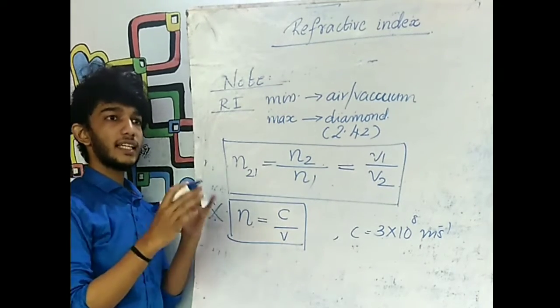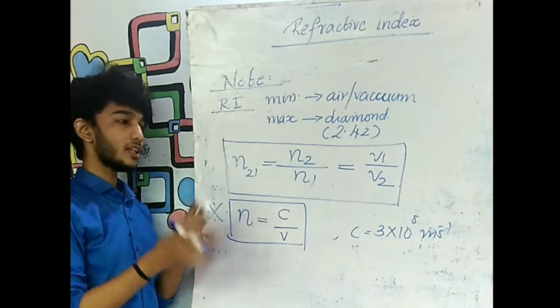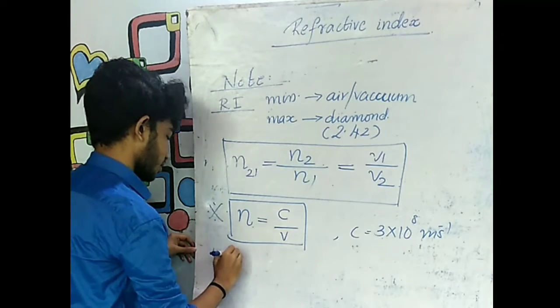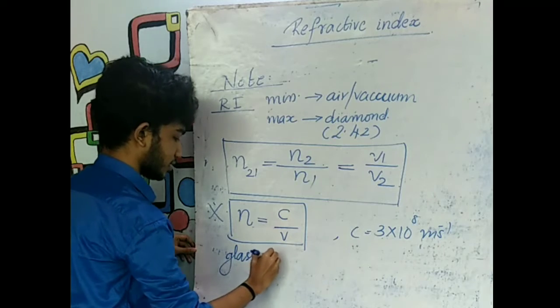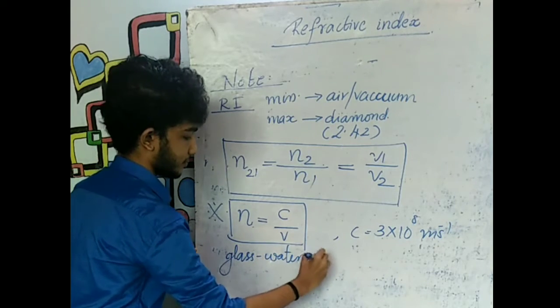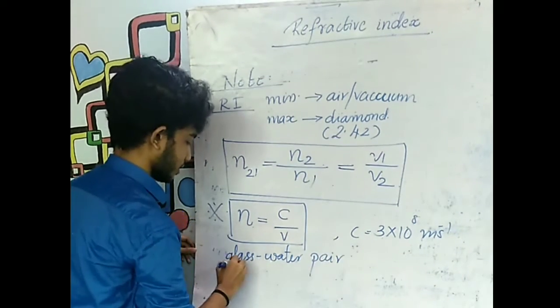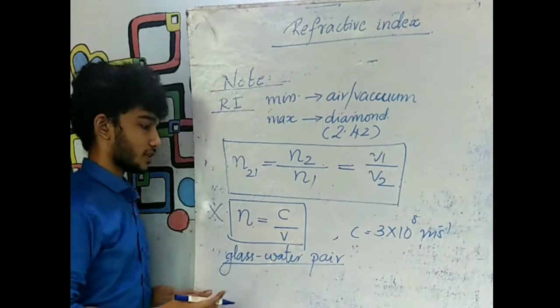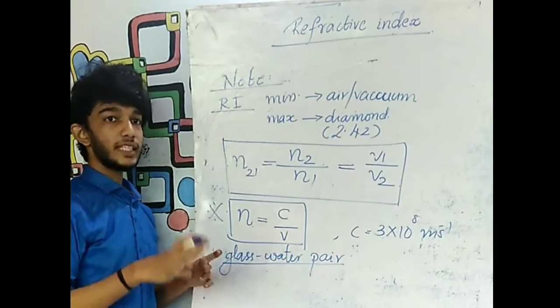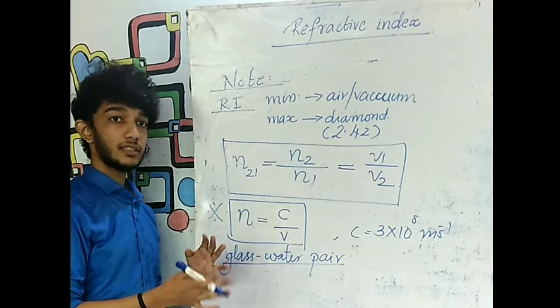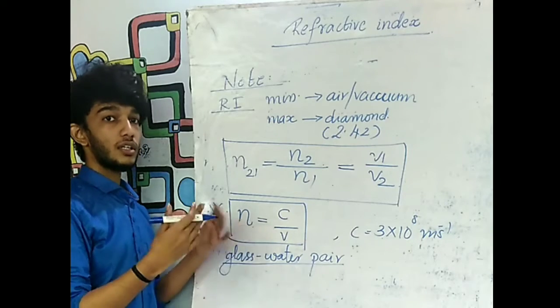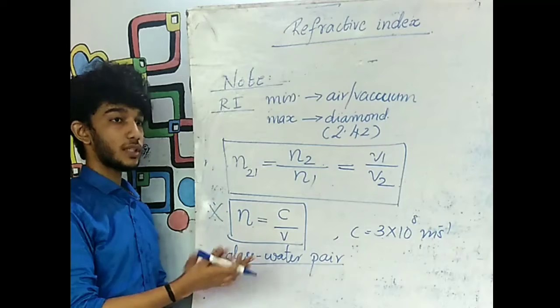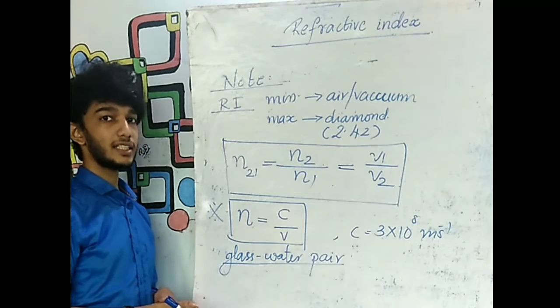So now let us take some examples. For example, let us take the glass water pair. This is a pair of media, glass and water. And suppose a ray of light is entering from glass to water or from water to glass. Let anything be the situation.